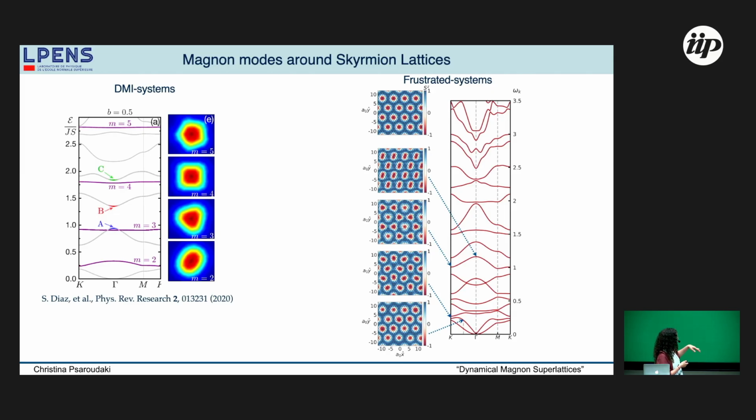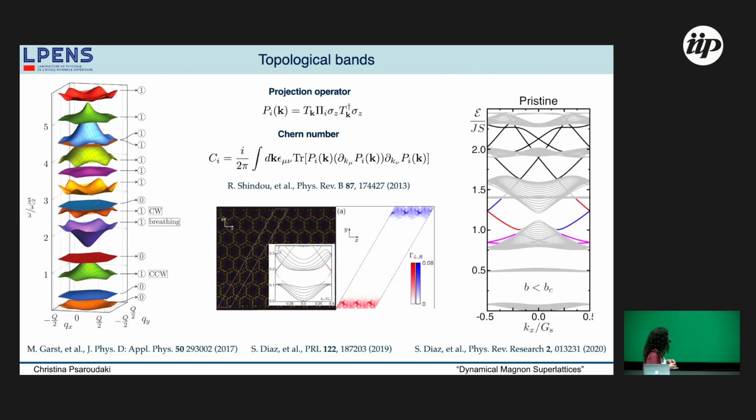But what we also know for DMI systems is that these bands are topological. If we take the bands of a DMI system, we can assign to each of those bands a Chern number, which is calculated for magnetic systems according to this formula, which you can find here.